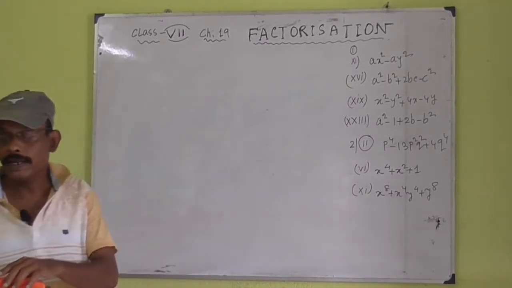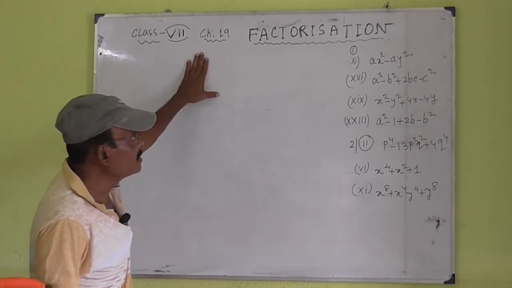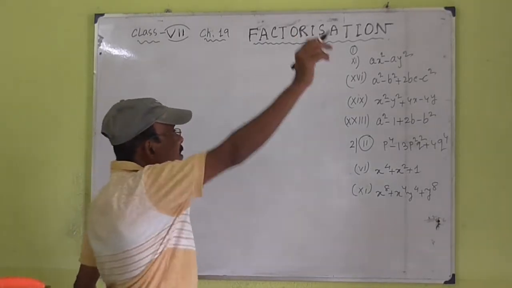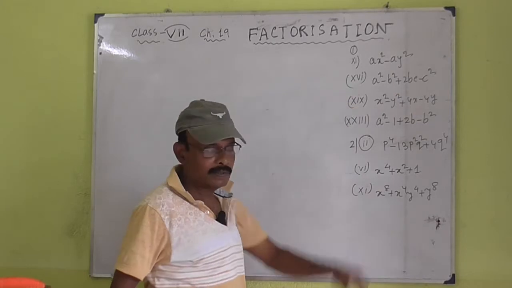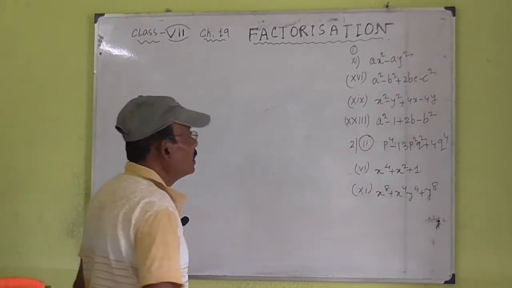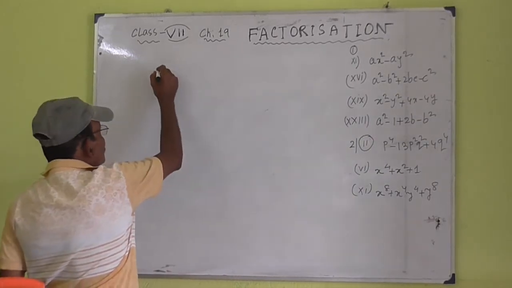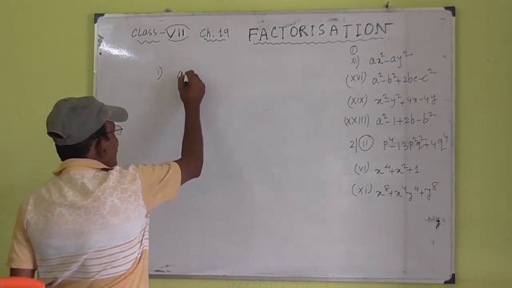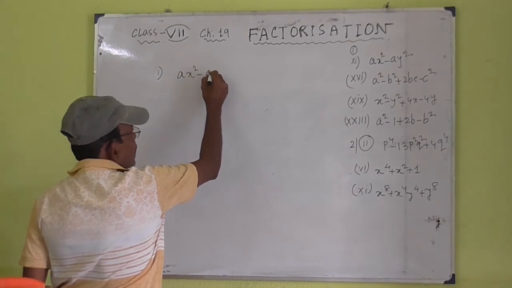Chapter 19, exercise 19.2, question number 1, sub number 11. Here the first sum is ax square minus ay square.